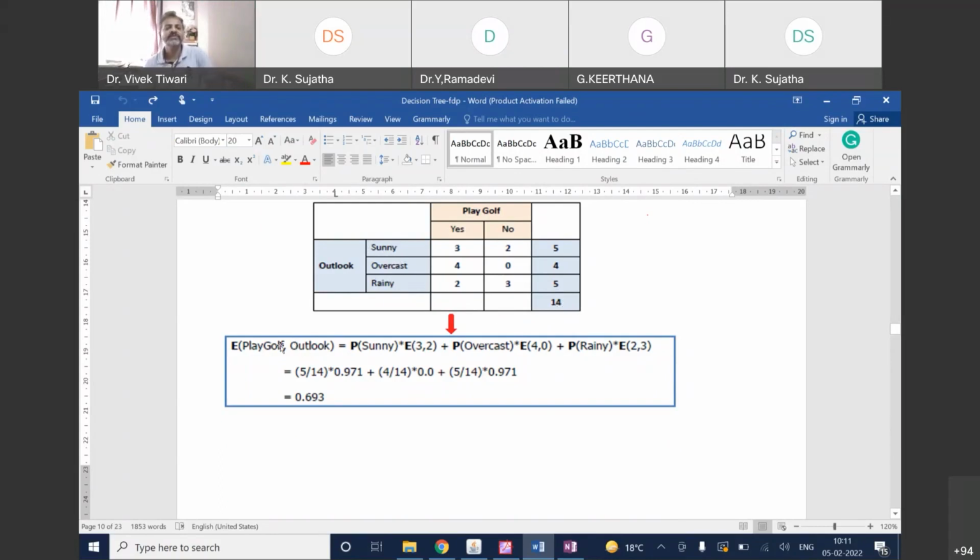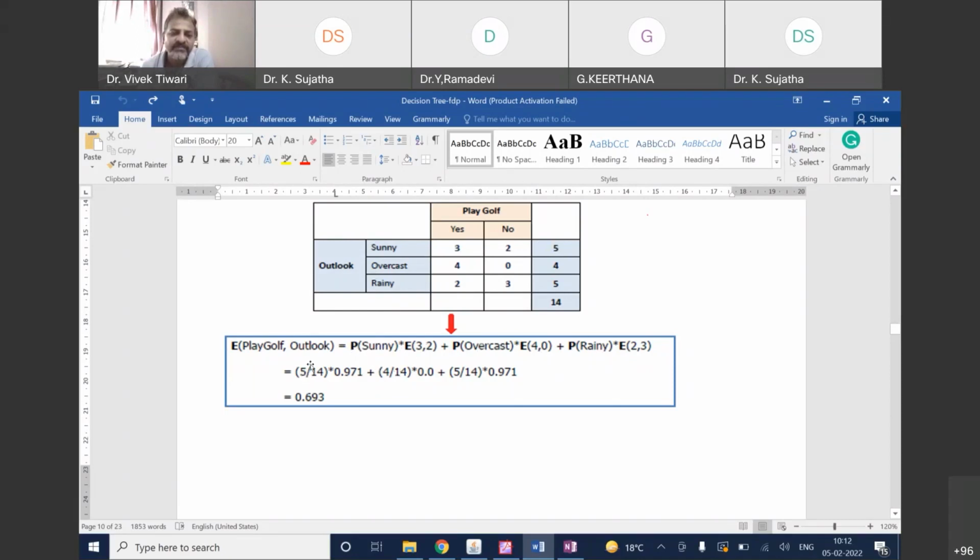So how do we calculate the entropy of the outlook? In one line it is written. The proportion of the sunny is how many observations of sunny are in the data set. For sunny, 3 are in the class yes, 2 are in the class no, so there are 5.